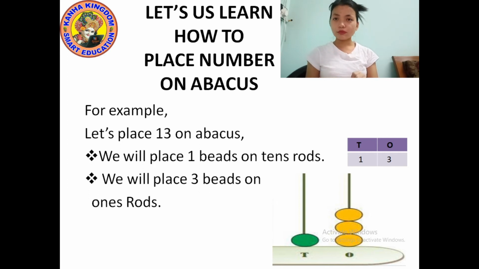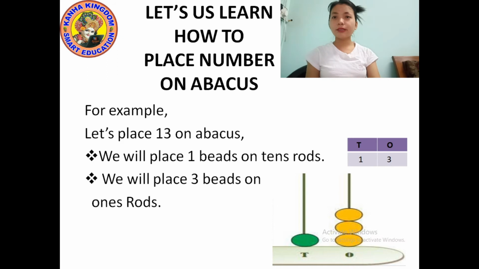Now you know that in the ones place there is 3, so you have to place 3 beads on the ones rod, which says that 3 is in the ones place.